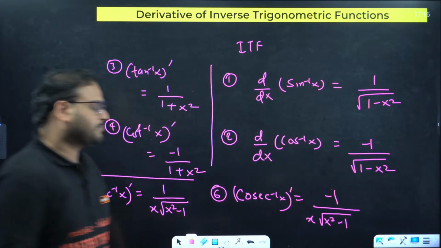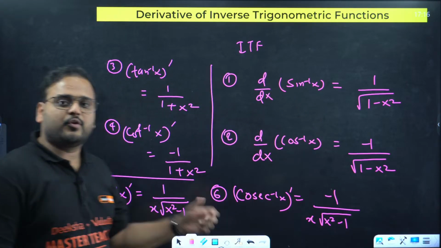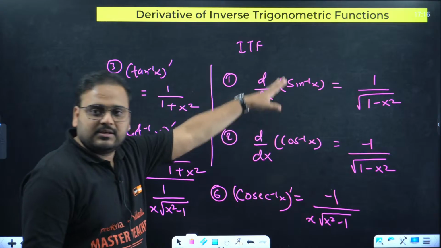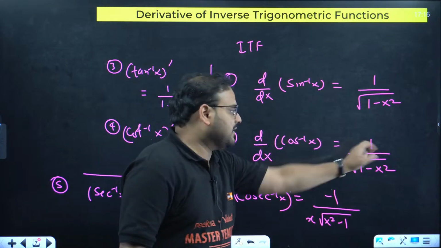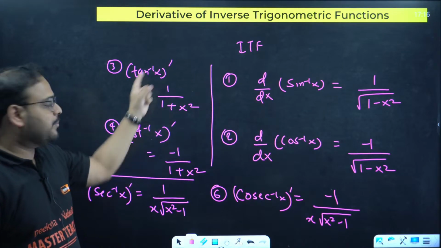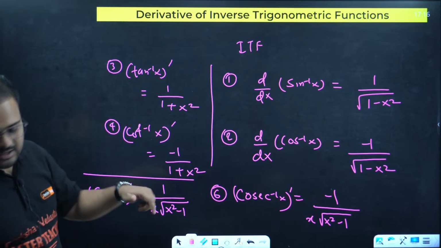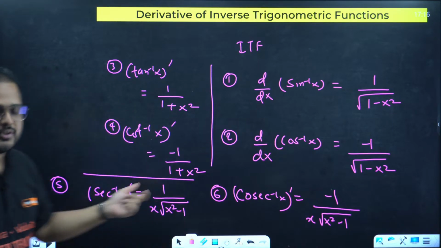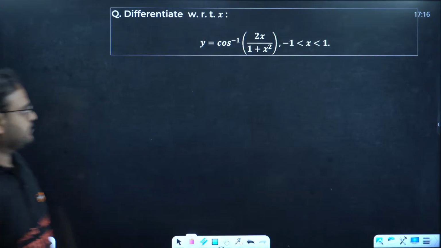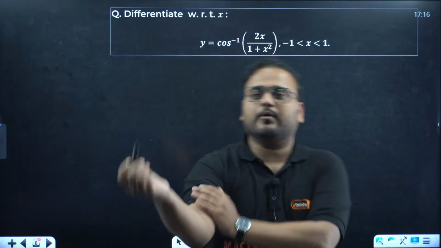Please check. All the 6 are given over here in the way you should remember. They are both same, just there's a difference of minus sign. Same goes over here also, plus and minus, here also plus and minus. And cot inverse is same with the minus sign, right Akash? Great.